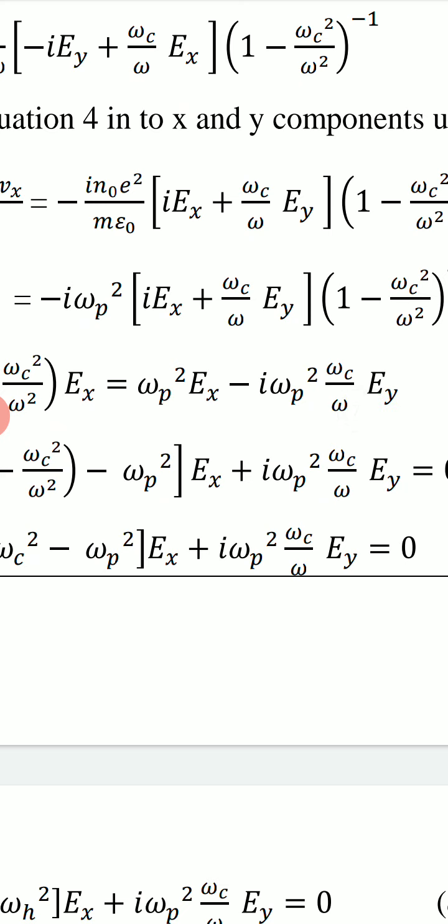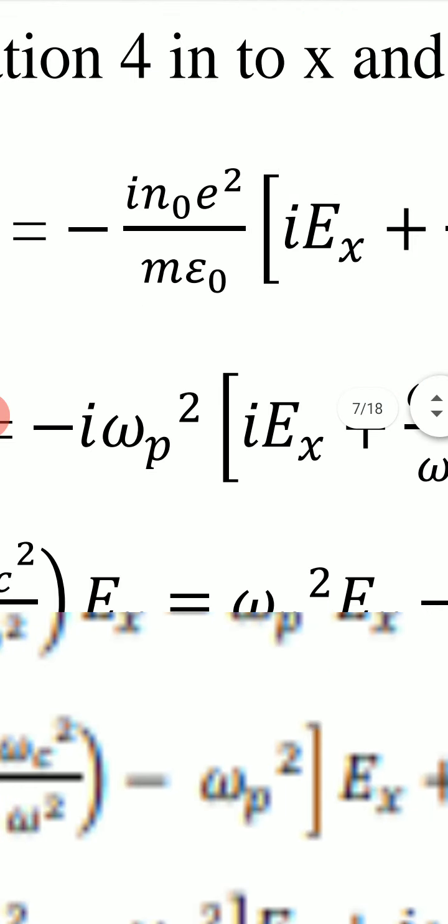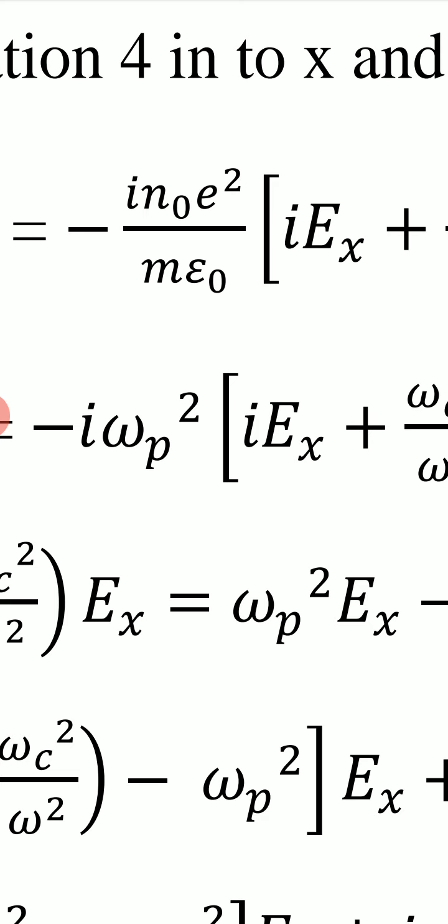And now we write n0 e square upon m epsilon 0. The term with minus i outside the bracket is n0 e square upon m epsilon 0, and this is omega p square.